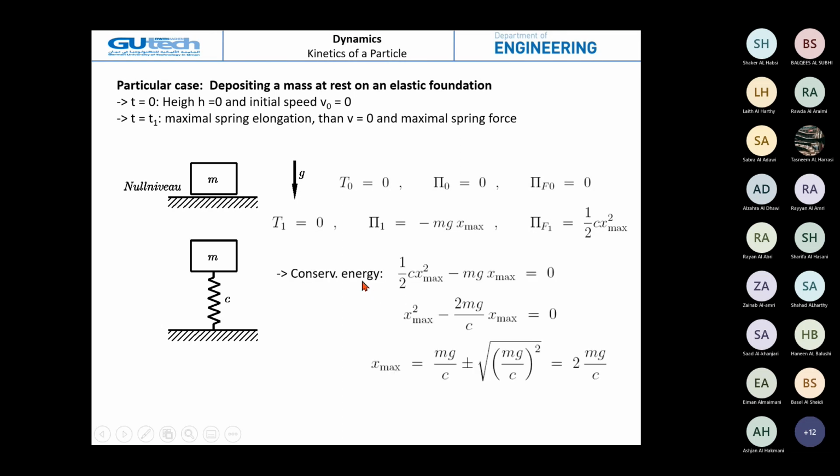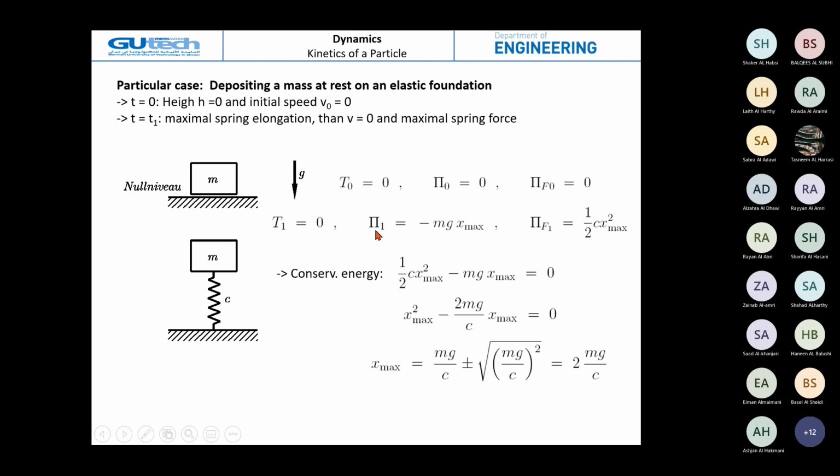Now we have the conservation of energy. The conservation of energy says that the initial kinetic energy plus the initial potential energy at time t equal to 0 will be equal to the kinetic energy at time t1 plus the potential energy at time t1.